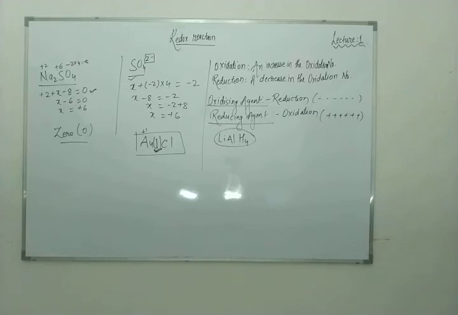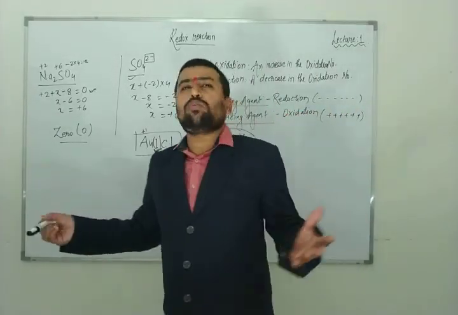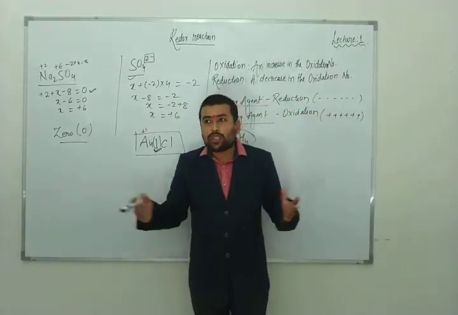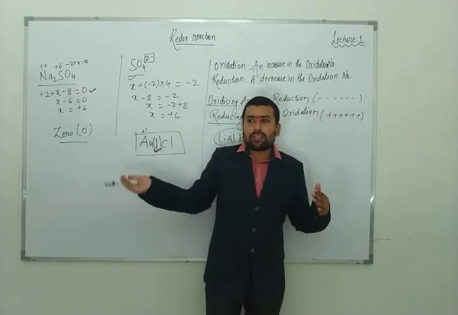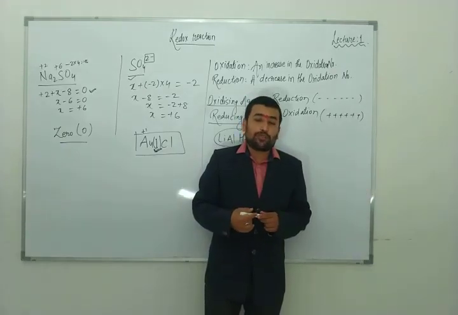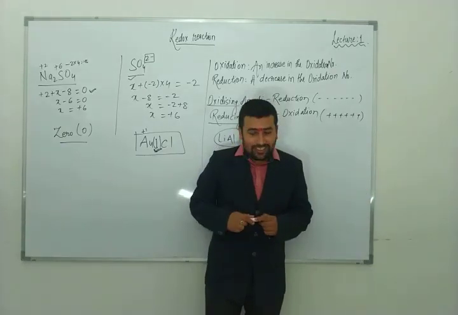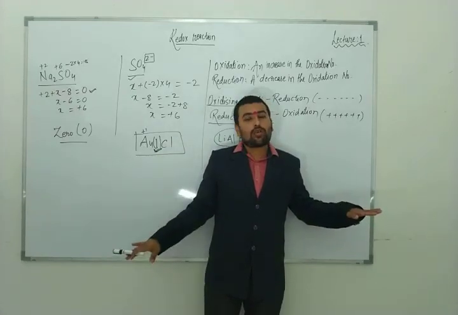Now redox reaction, I hope all of you have understood. A reaction which involves change in oxidation number of the interacting species is called a redox reaction. In any compound or element, if the oxidation states change, either from the reactant side to the product side or the product side to the reactant side, then you understand that in this reaction both things occur, oxidation and reduction.